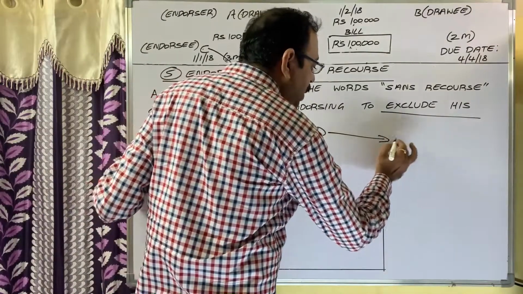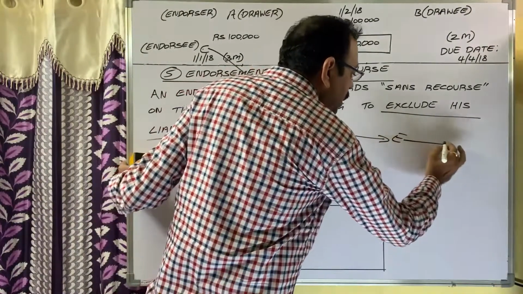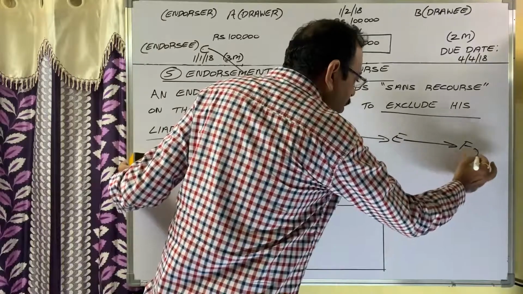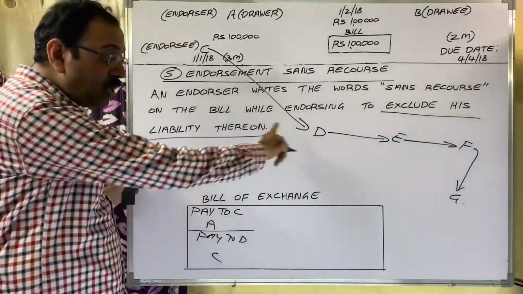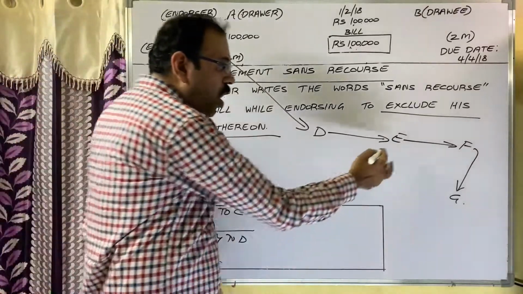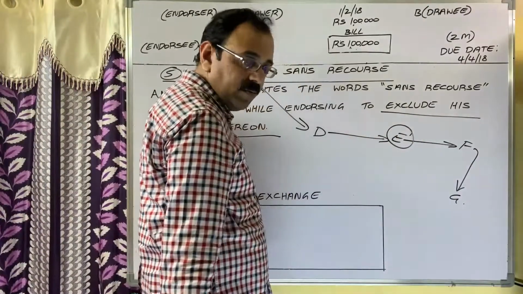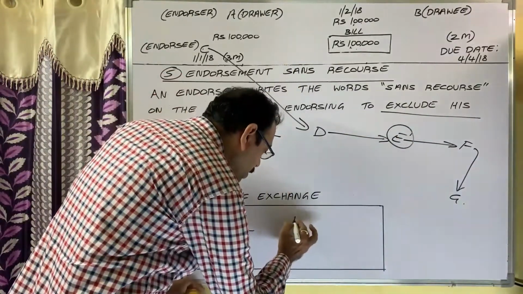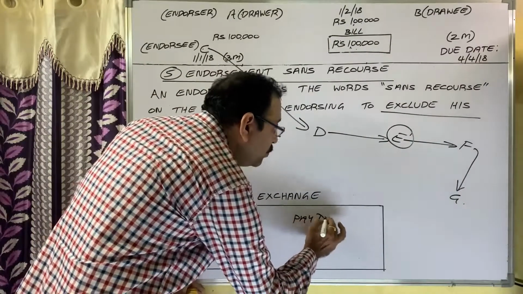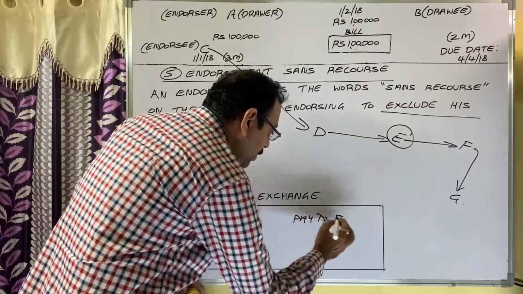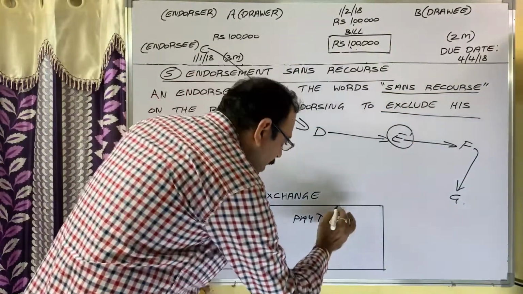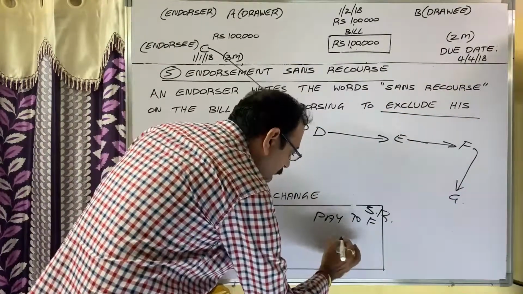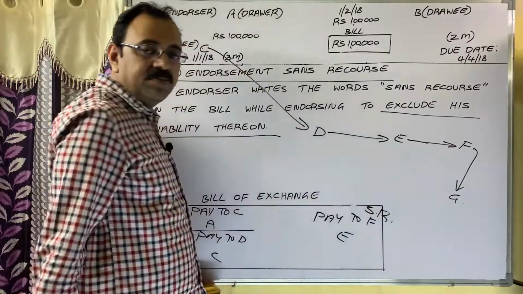Similarly, D is endorsing to E, E is endorsing to F, F to G. And while endorsing like this, what E did is, E wrote: "Pay to F," and he added these words also: "sans recourse" and his signature.